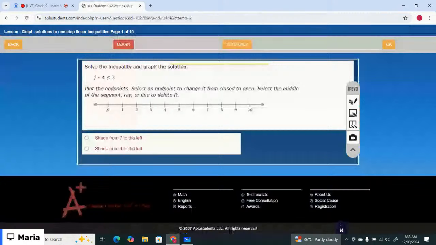Solve the inequality and graph the solution. So, which is the correct option? Which option is the correct one?